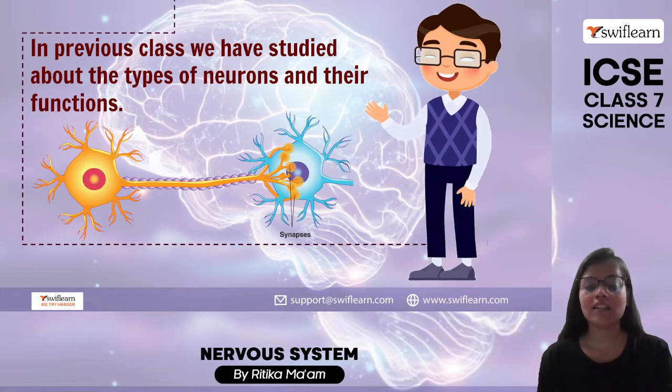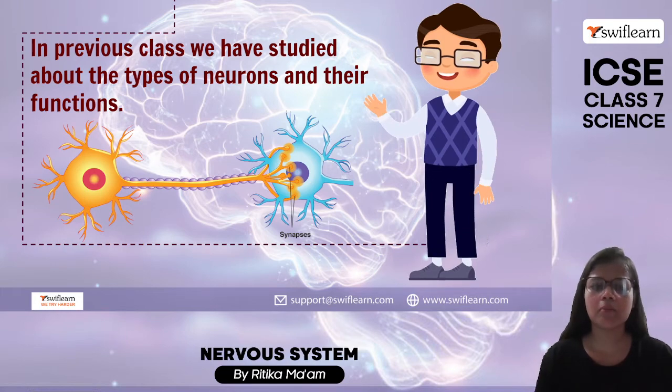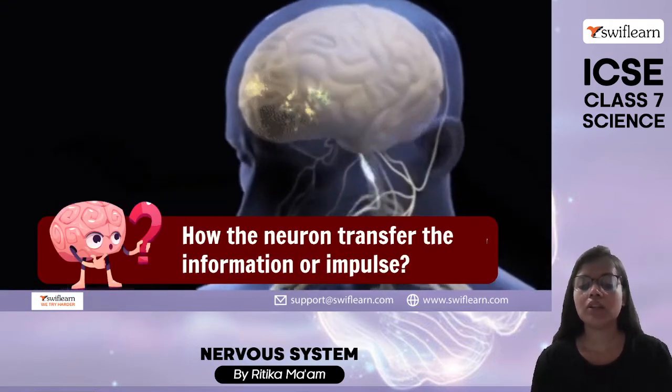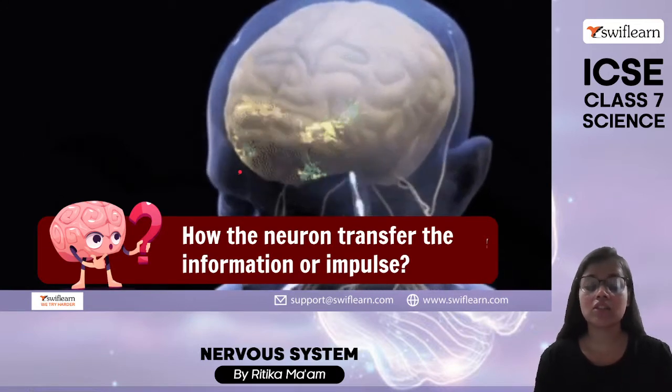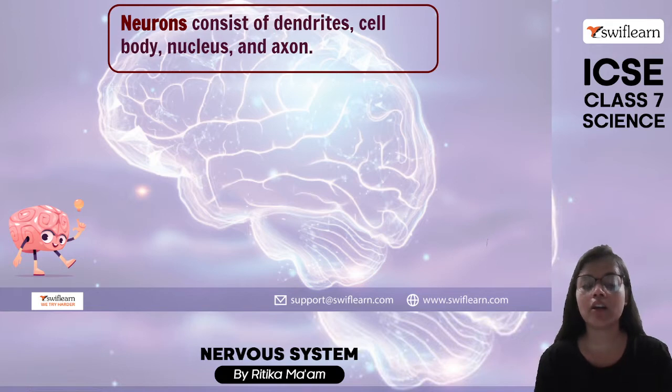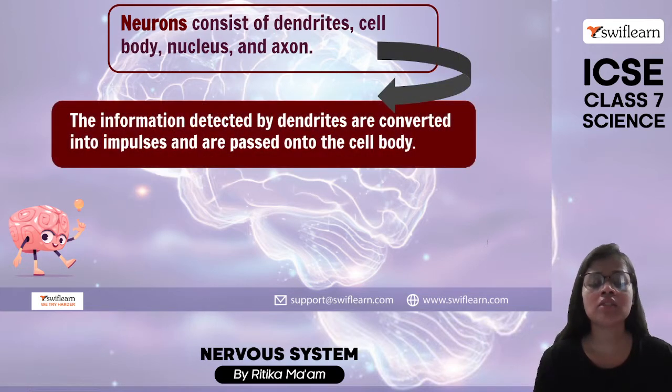So in our previous class we studied about various types of neurons and their functions, right? How do the neurons transfer any information or impulse? So neurons have dendrites, cell body, nucleus and axon. The information is detected by dendrites and converted to impulse, and then passed from there to the cell body.